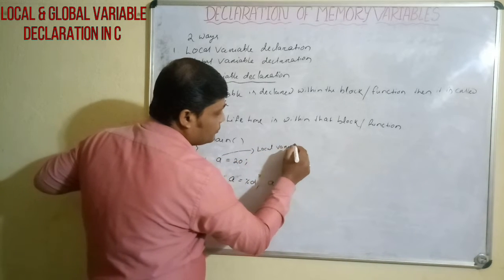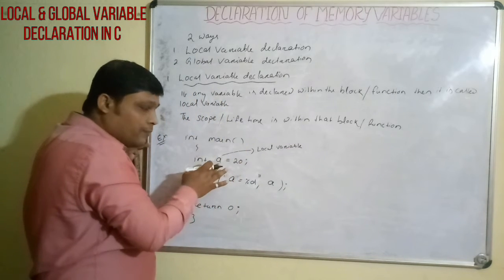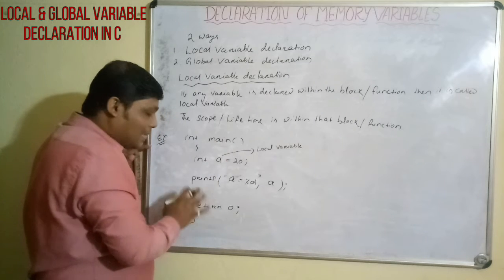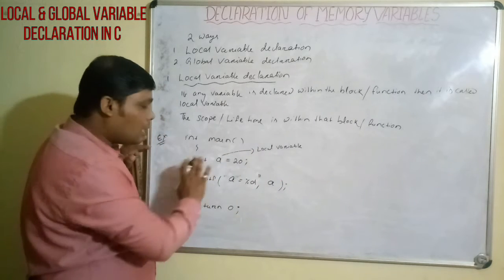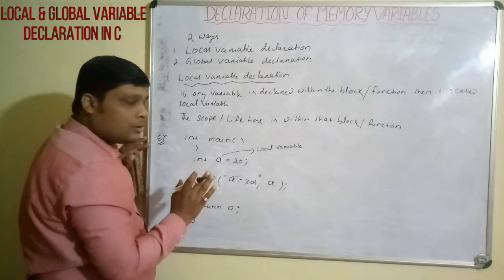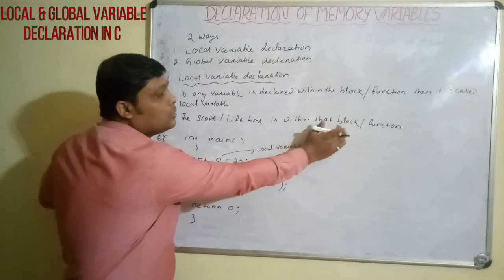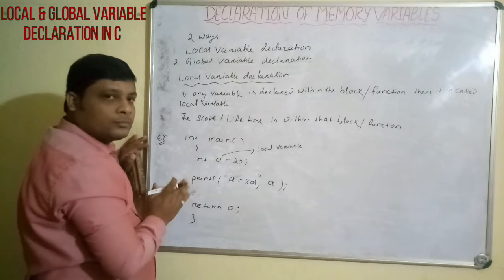The lifetime or scope of this local variable a is within this block. I cannot access this a outside main function or outside this block. Clear? So lifetime or scope of the local variable is within that block or function where it is declared.